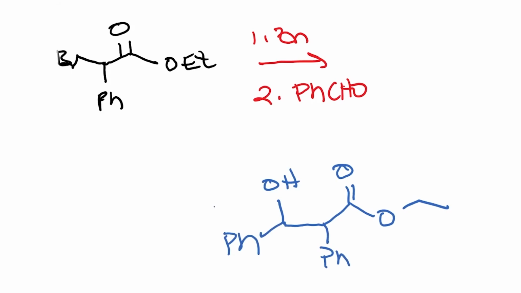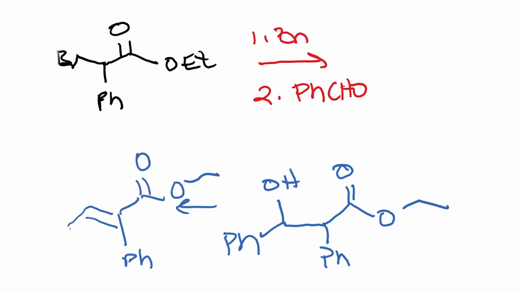So of course this can subsequently eliminate to give you the ester, right? And you might even end up with a mixture of cis and trans isomers.